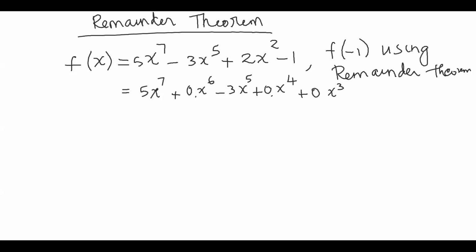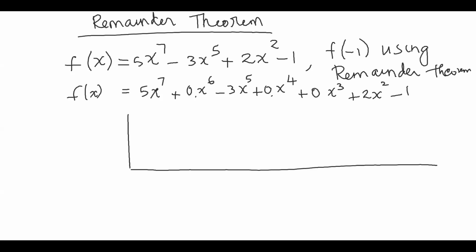And then we have 2, and then minus 1. So first write the polynomial. Now we are going to do the synthetic division, so we put the box and write all the numbers underneath here: negative 3, 0, 0, 2, negative 1.